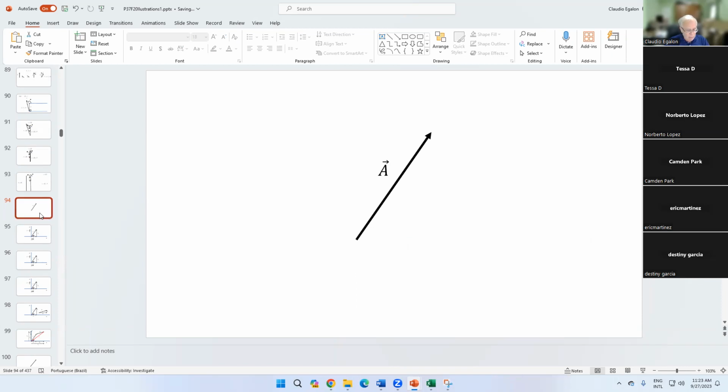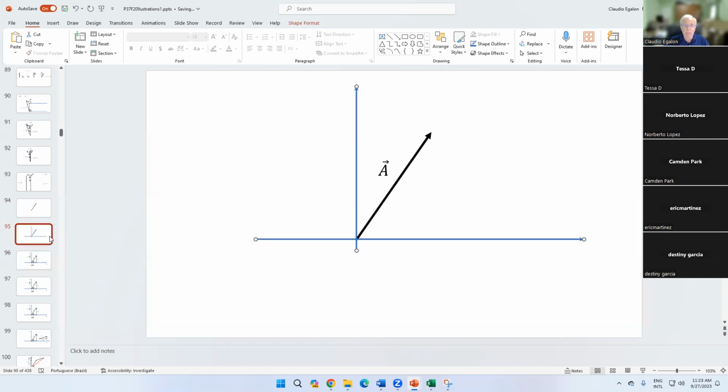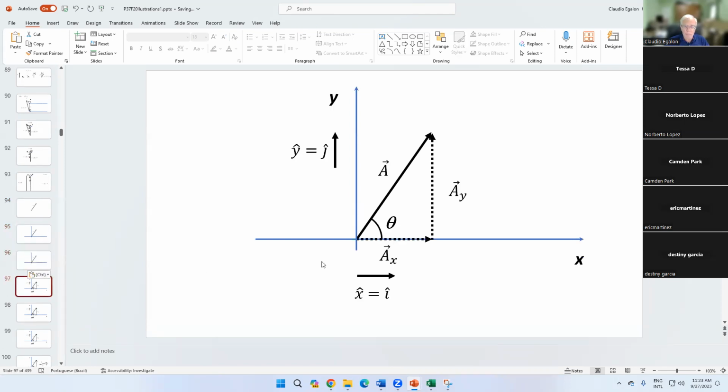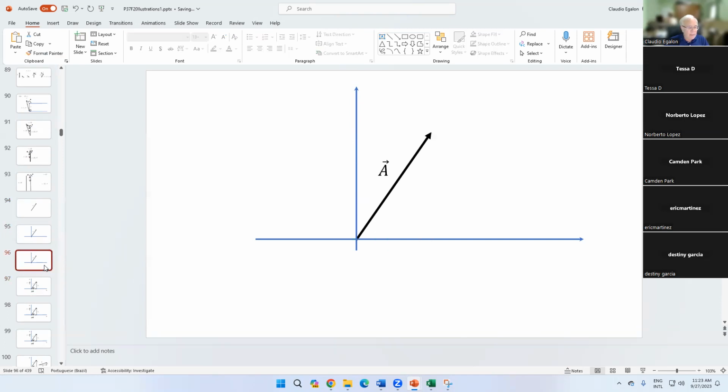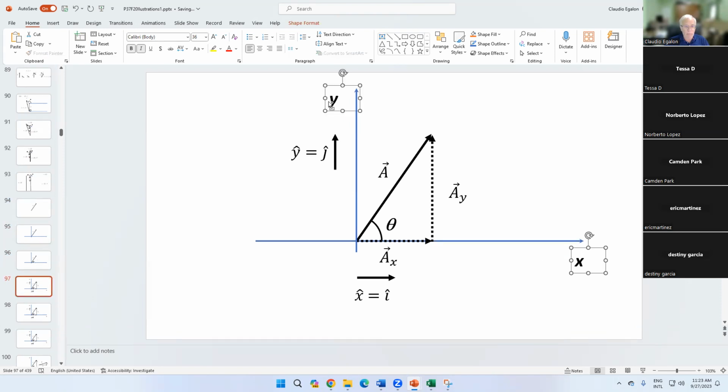I can come up with a coordinate system, x and y axis, a Cartesian coordinate system, and place the tail of this vector at the origin of the Cartesian coordinate system. The vector makes an angle theta with the x-axis, and by the way, I have to label the axes, x and y.